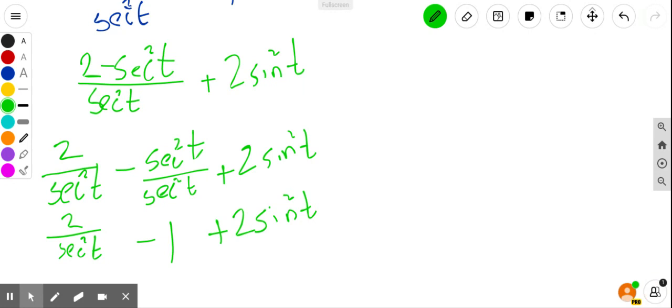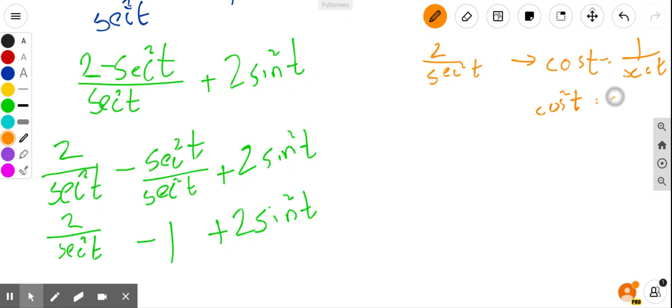So drawing back to my identities, I see 2 over secant squared, and I think, aha, well, cosine is equal to 1 over secant. So then cosine squared should be equal to 1 over secant squared.